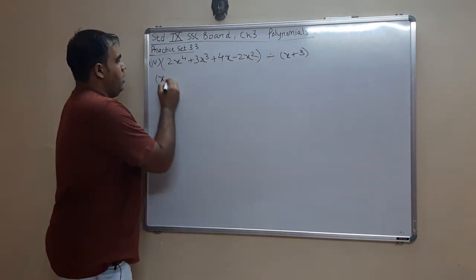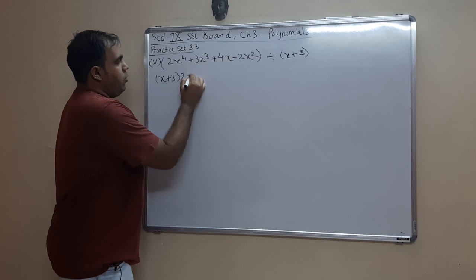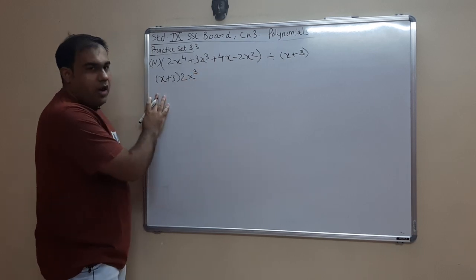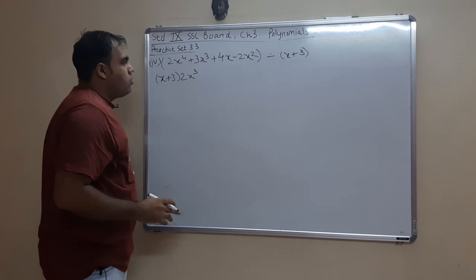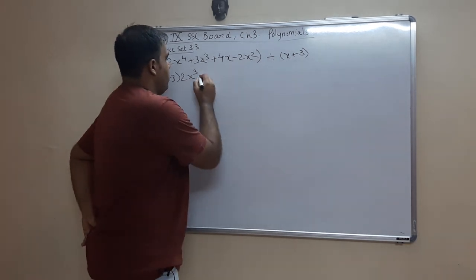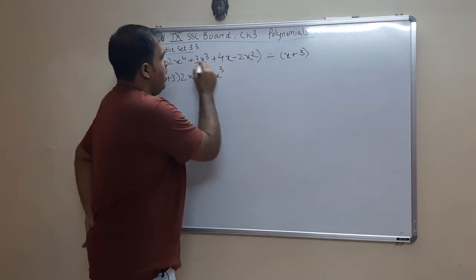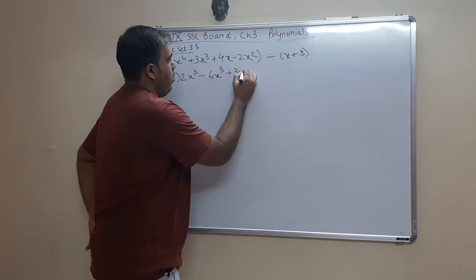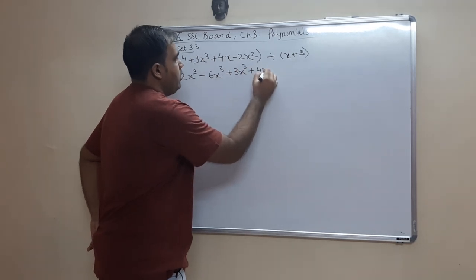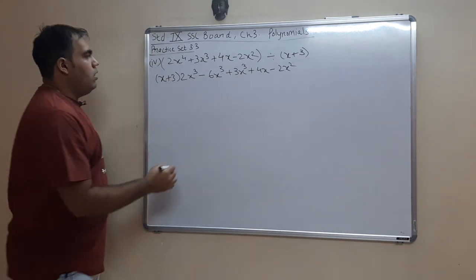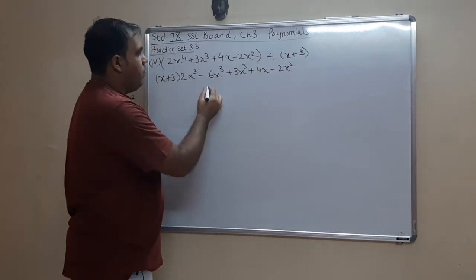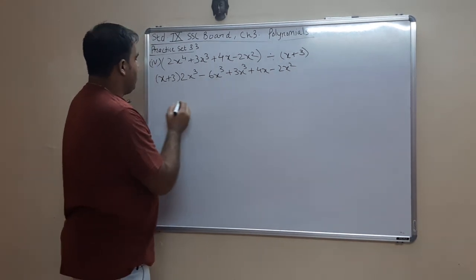So x plus 3 इंटू 2x क्यूब करेंगे तो 2x रेज टू 4 आएगा और ये आएगा प्लस 6x क्यूब. तो इसको माइनस करना पड़ेगा, माइनस 6x क्यूब, और इधर है प्लस 3x क्यूब प्लस 4x माइनस 2x स्क्वायर. ओके, सो माइनस 6x क्यूब प्लस 3x क्यूब विल गिव यू माइनस 3x क्यूब.